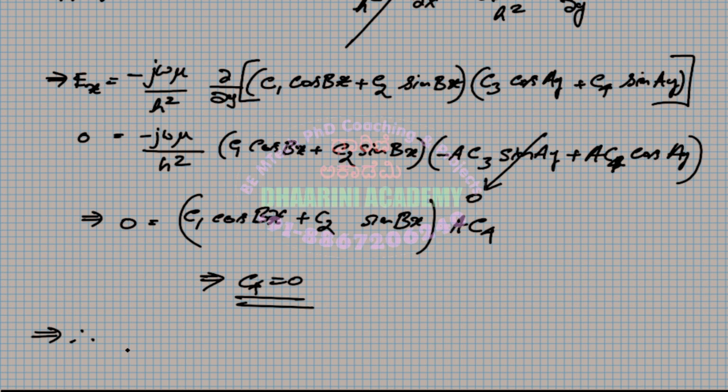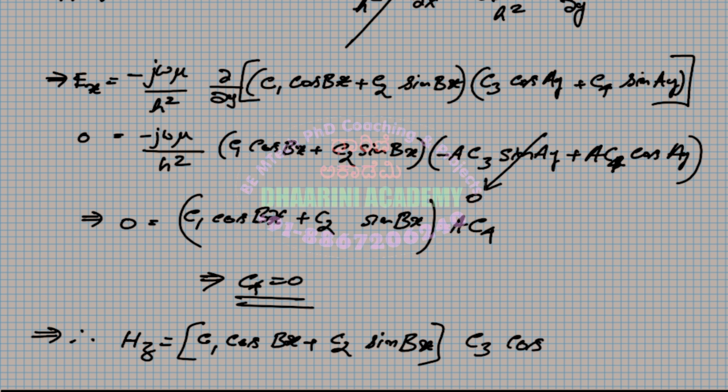As soon as C4 becomes equal to 0, I can update, therefore, the HZ component as follows: C1 cos Bx, C2 sin Bx into, now C4 is 0, so I can write C3 cos Ay. Is it okay?